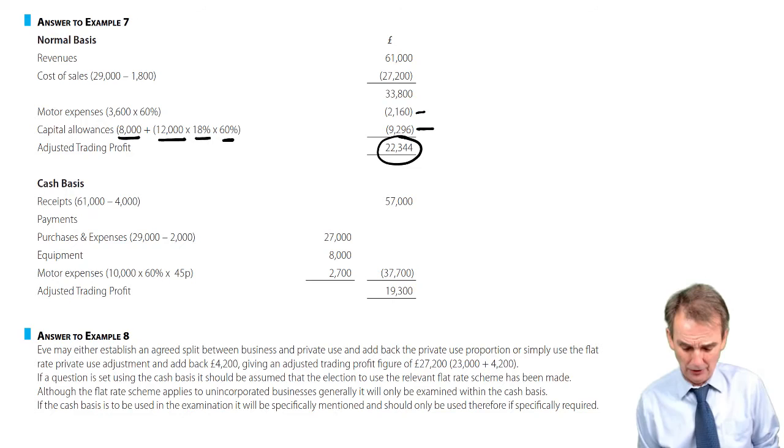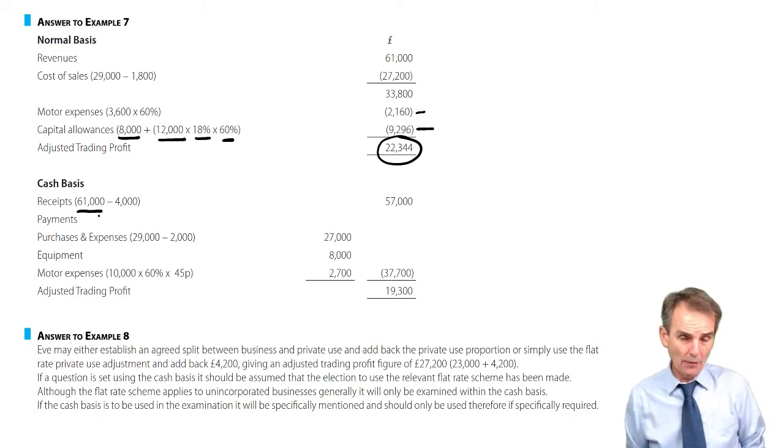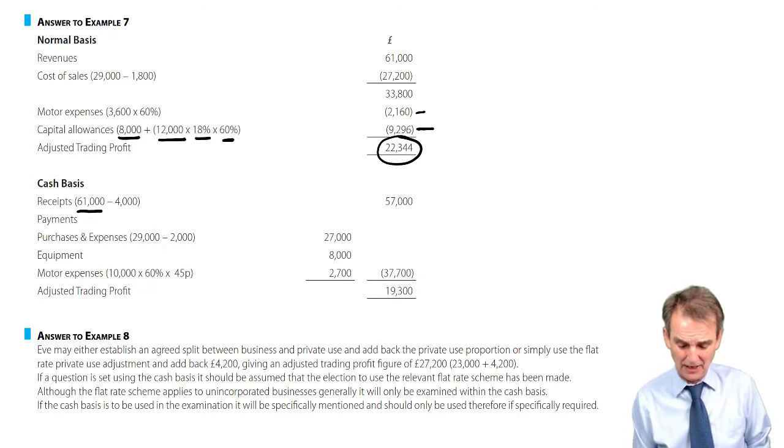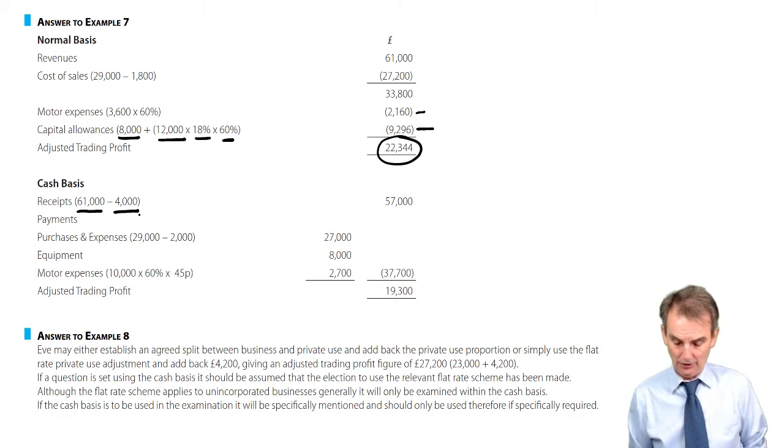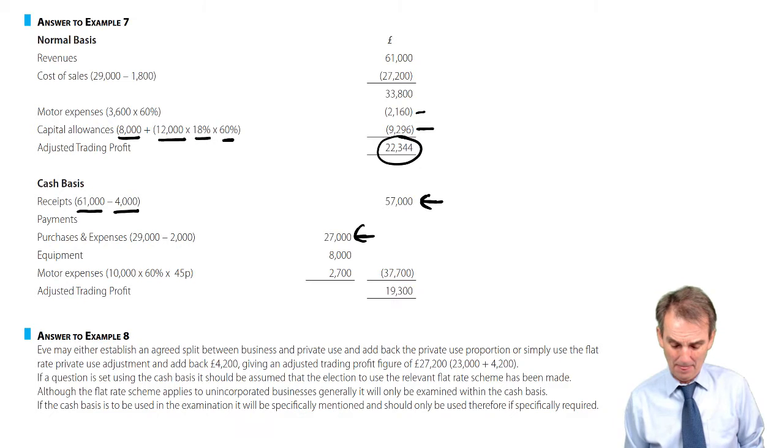So, as we were told in the question, sales were 61,000, but of that we hadn't yet received £4,000. We got receivables, debtors of 4,000. So the receipts figure, £57,000. Of your purchases and expenses, £2,000 were still to be paid, so 27,000 were the payments.